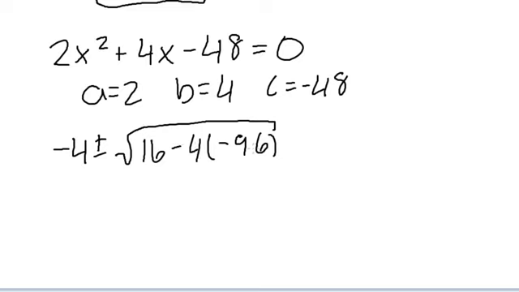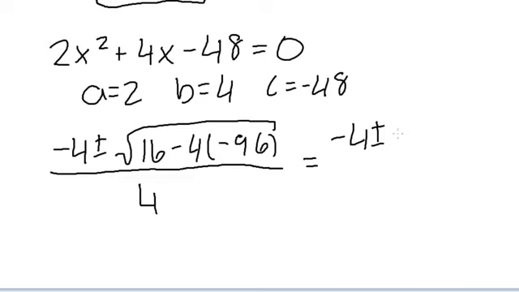And then 16 plus 384 is 400. So let's just put it at the end after we solve the bottom. So here it'll be 2 times a, so then it would be 4, and then here it would be 20. So negative 4 plus or minus 20, because the square root of 400 is just 20, over 4.